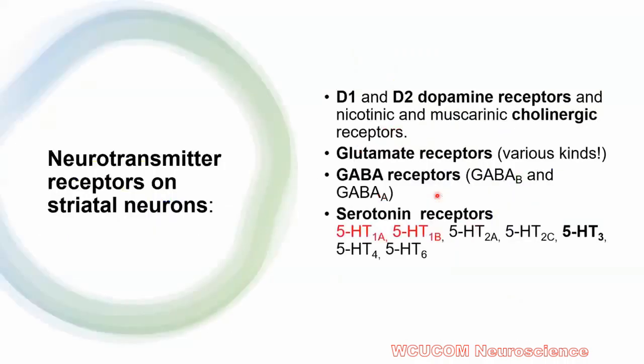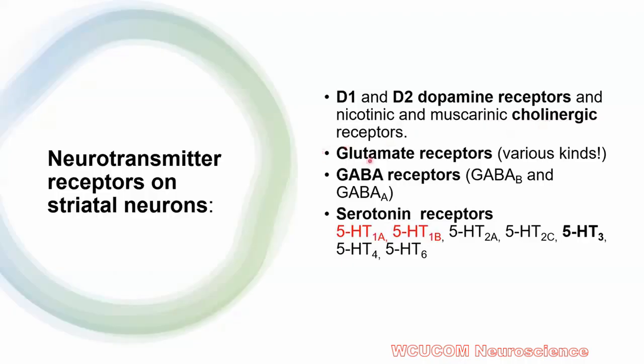Now, all of these would be reflected in the nature and the distribution of neurotransmitter receptors on striatal neurons. The D1 and D2 dopamine receptors stand out when we look at the dopaminergic category, and the nicotinic and particularly the muscarinic cholinergic receptors when we look at the cholinergic categories.